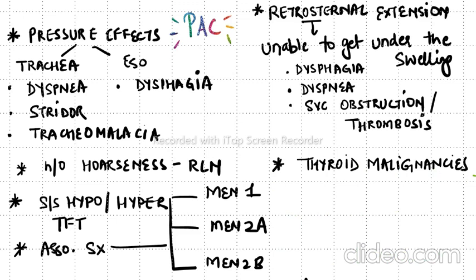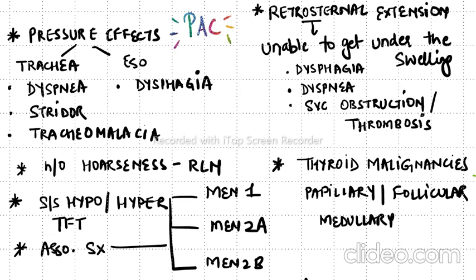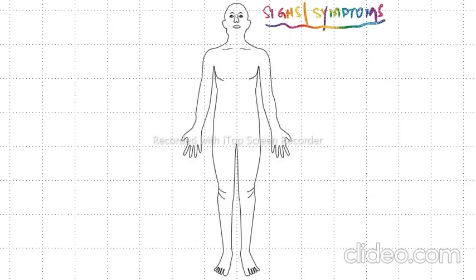Also look for thyroid malignancies in the patient, the types like papillary, follicular, medullary, anaplastic, and metastasis. So in PAC, we'll be looking at the pressure effects, any hoarseness, TFT, associated syndromes, retrosternal extension, and finally thyroid malignancy. Let's move to the signs and symptoms in a hyperthyroid patient.